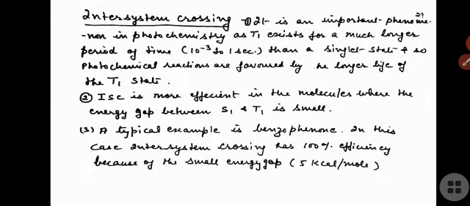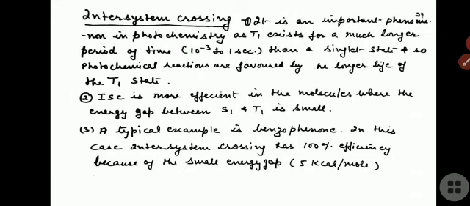Now we'll see what is intersystem crossing. It is an important phenomenon in photochemistry as T1 exists for a much longer period of time, 10 to the power minus 3 to 1 second, than a singlet state, and so photochemical reactions are favored by the longer life of the T1 state.